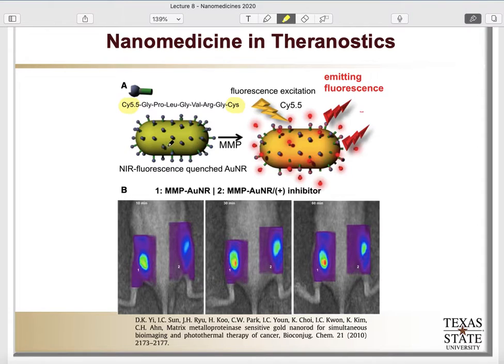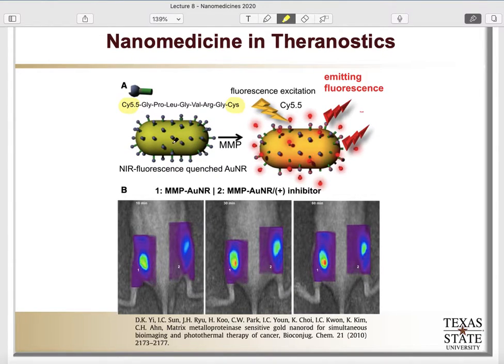So here we see the assembly of the system where we have a gold nanorod that is now functionalized with our peptide, and the fluorophore is represented by this blue sphere. Initially, this is quenched, again, because of the close proximity of the fluorescent dye to the gold nanoparticle. The gold nanoparticle quenches that fluorescence.